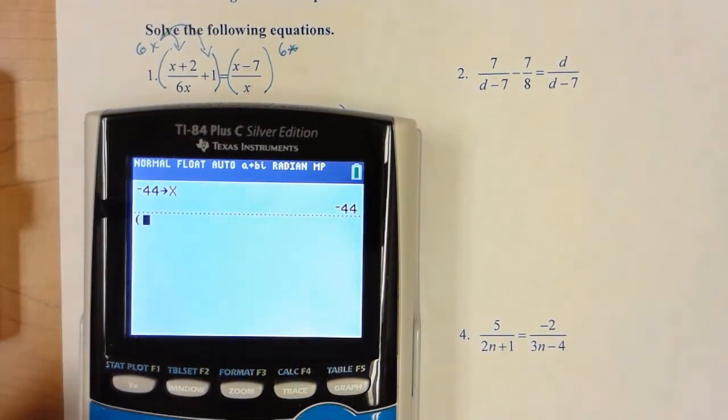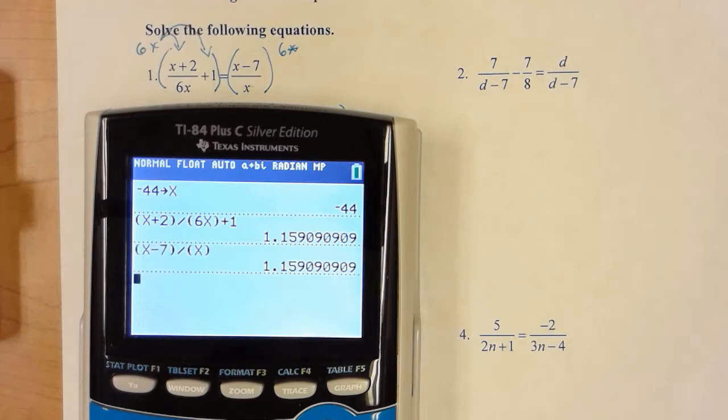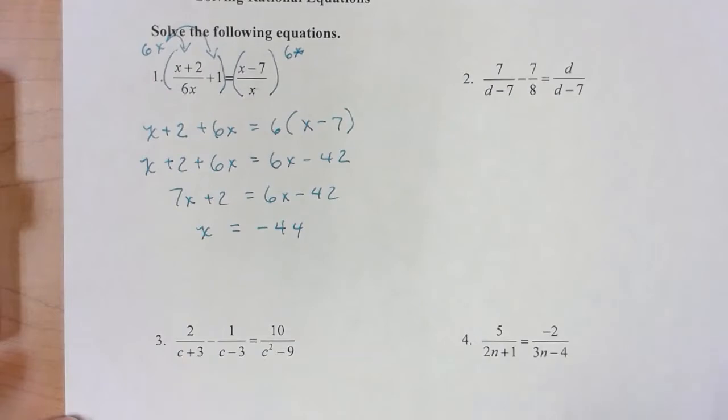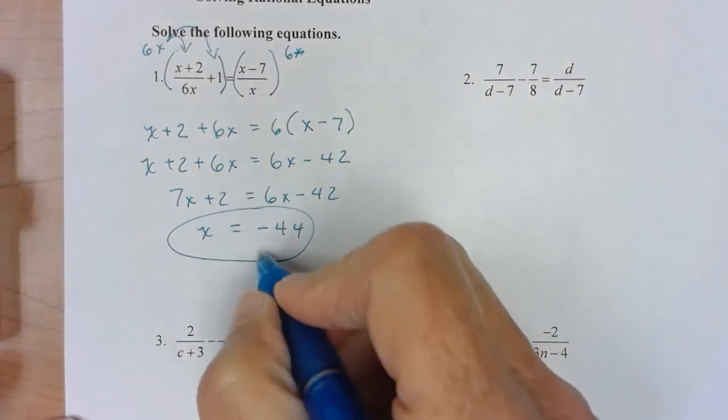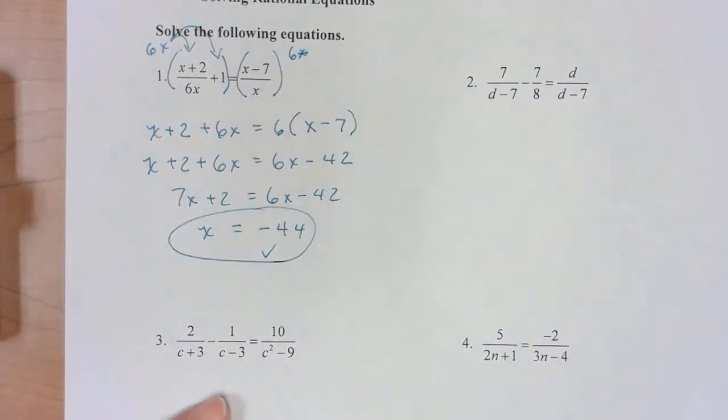So parentheses x plus 2 divided by parentheses 6x plus 1. So that's my left-hand side. My right-hand side, parentheses x minus 7, divided by parentheses x. Since they come out to be the same thing, that means they are equivalent. That means this is my correct answer.